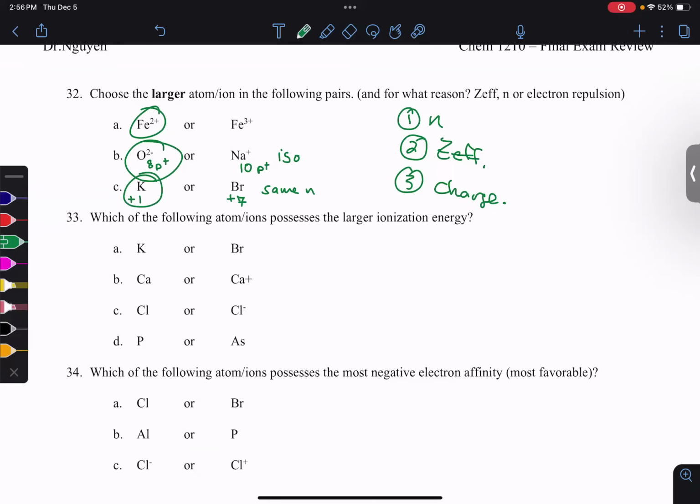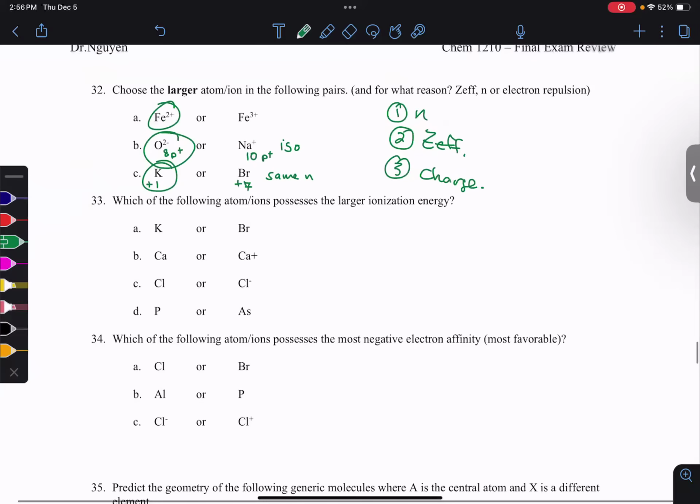All right. So the next question, really loosely based on the same thing. Which of the following ions possesses the larger ionization energy, right? What you need to know is that when atoms are large, it is easy to remove electrons, okay?